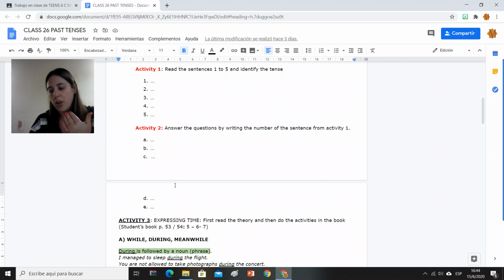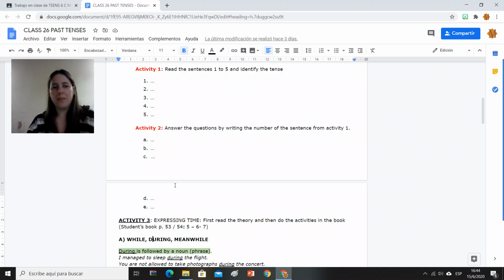Es la 1, es la 2, la 3, la 4 o la 5. Es decir, ustedes me tienen que decir qué oración, número de oración del punto anterior, refleja este uso del tiempo. ¿Ok? Y así para los otros. B, an event which occurred before the other past actions in the narrative. ¿Qué oración tiene el pasado del pasado?